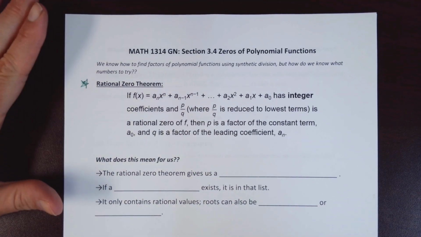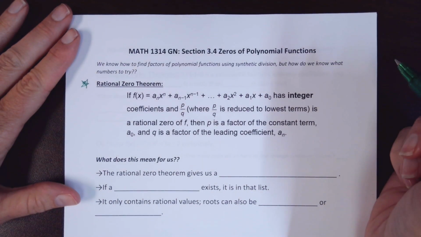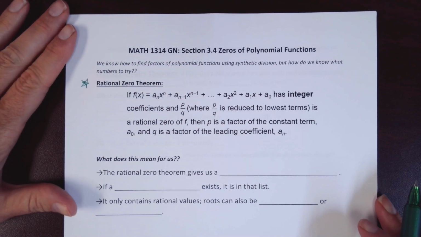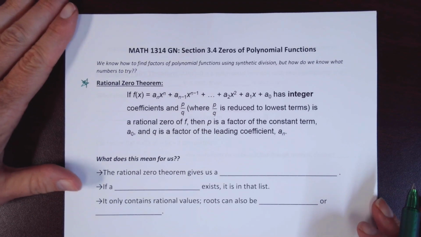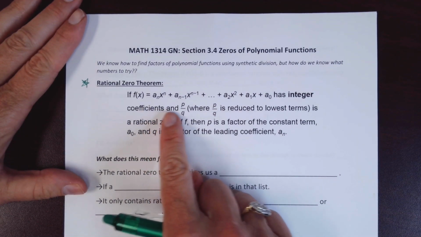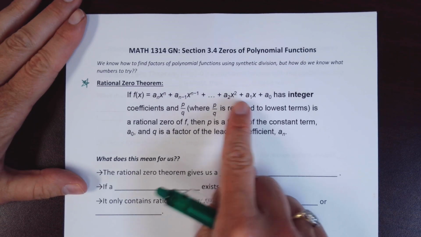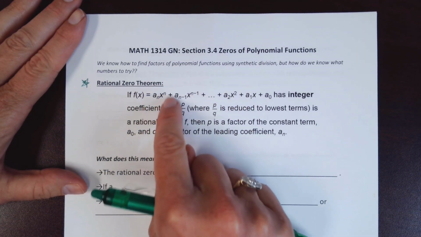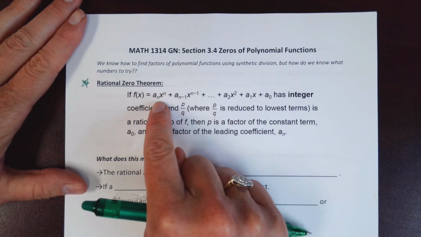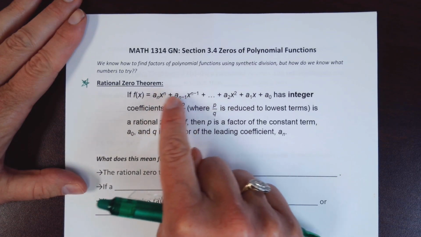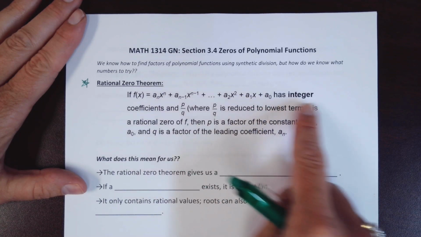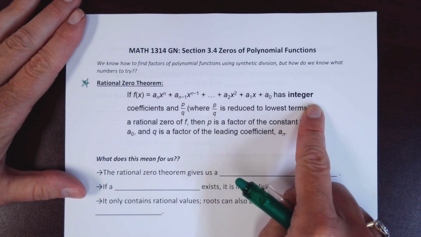Now, again, math speak, I'm not going to ask you to reproduce this theorem, but you do need to start understanding how to read it and how it applies to what we're doing. If I have a polynomial function, and you're noticing that it starts with some first term's coefficient, all the way down to my constant, and it has integer coefficients.